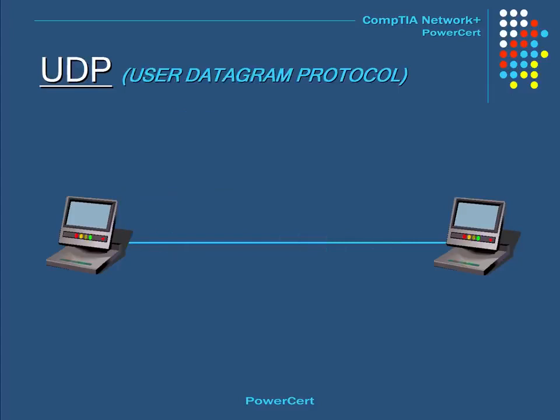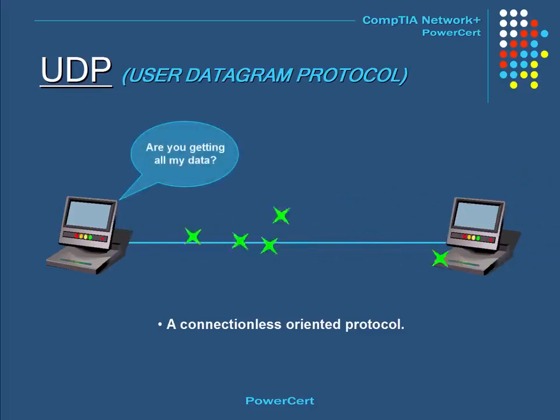Now UDP is very similar to TCP. UDP is also for sending and receiving data, but the main difference is that UDP is connectionless, which means that it does not establish a session and does not guarantee data delivery. So when a computer sends their data, it doesn't really care if the data is received at the other end.